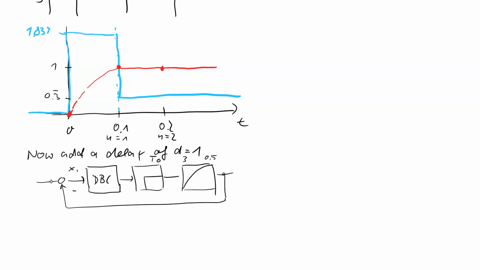Here is the control difference, the desired value, the process output. Here we have the y value, and say this is y delay.